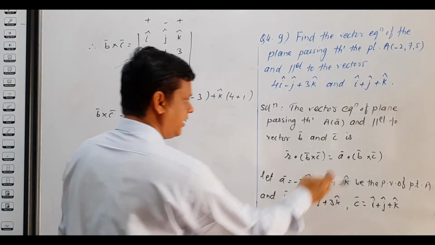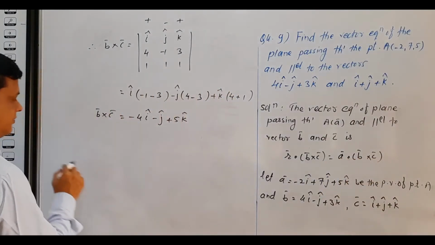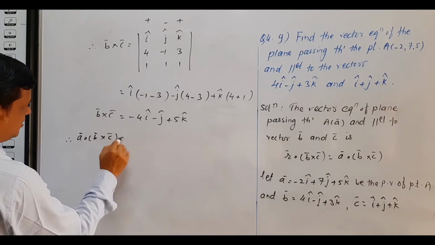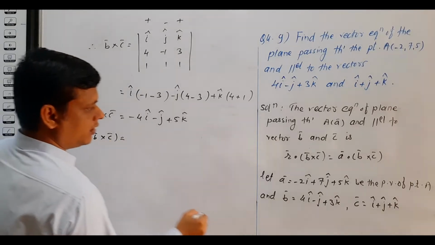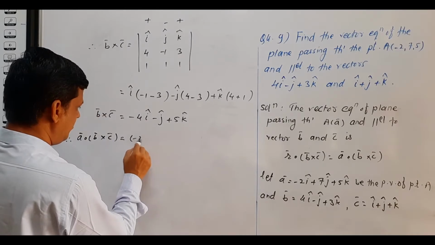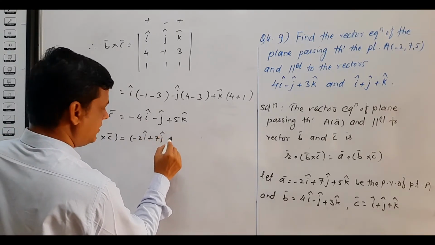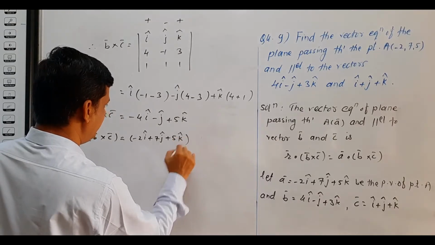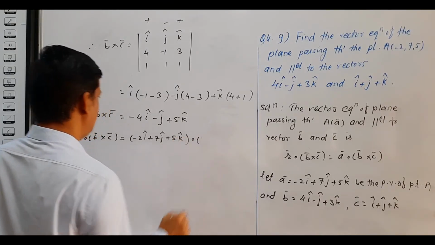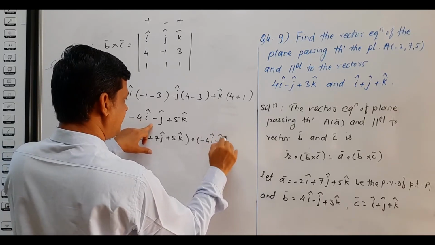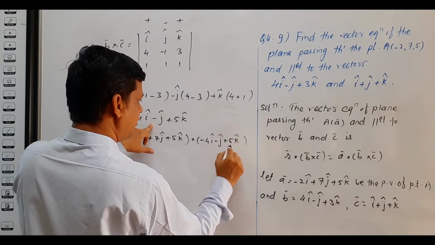Now then we find A bar dot B bar cross C bar. Therefore A bar dot B bar cross C bar is equal to, A bar is minus 2i plus 7j plus 5k, dot B bar cross C bar is minus 4i minus 5j plus 5k.